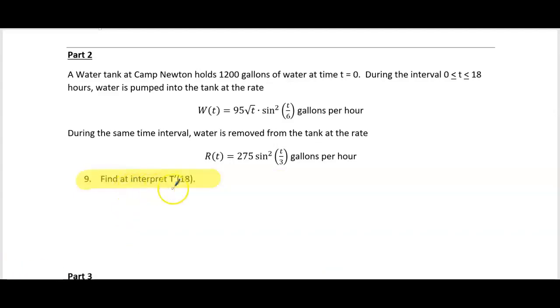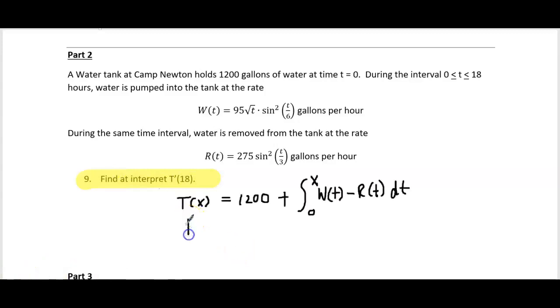All right, move on to number 9. Number 9 says, find and interpret T prime of 18. So the first thing we're going to do is we're going to take our position function, which we found in number 1, and we're going to find its derivative. Now, when you take the derivative of these position functions, the constant part just goes away, because when you take the derivative of a constant that's being added, it just becomes 0, so we can get rid of it, so to speak.